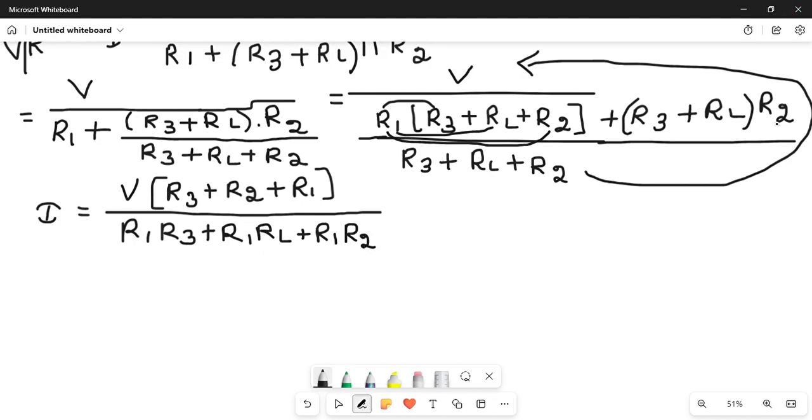And once again this R2 gets multiplied to RL as well as R3.